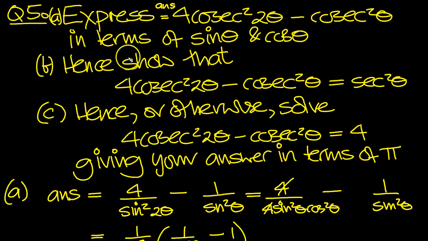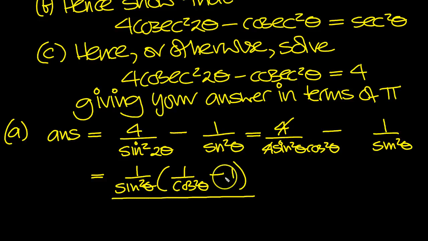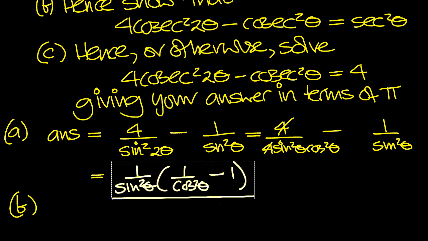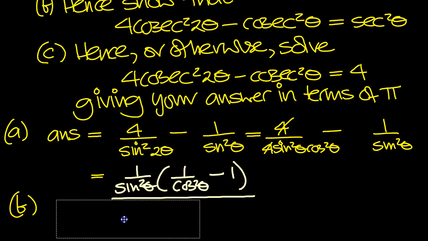Okay, hence show that this is equal to sec squared theta. So what have we got here then? Well, I'm going to copy this now. So I've just got it here.